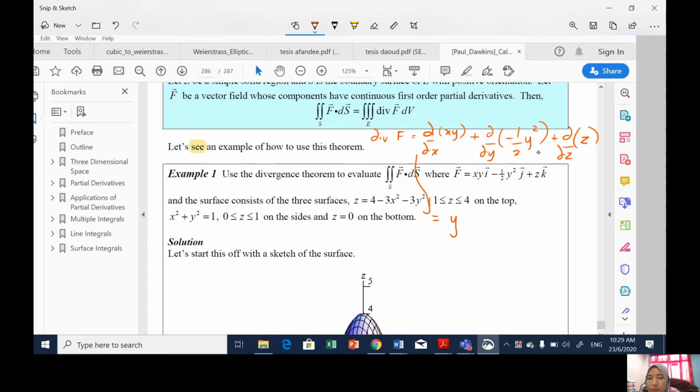Differentiating the second with respect to y, we have negative half times 2, which is negative 1, so minus y. Differentiating z with respect to z, we have plus 1. Then we simplify, so we got 1 here. This means the divergence of F is equal to 1.